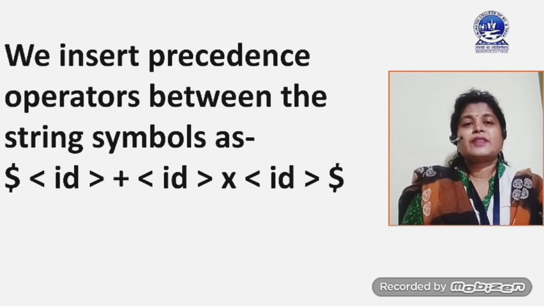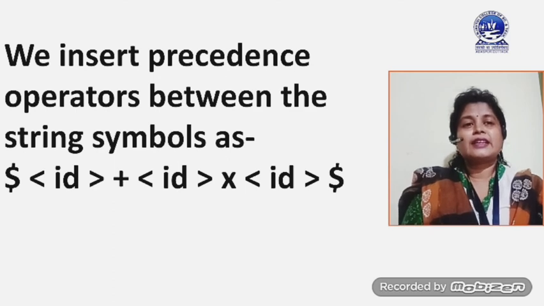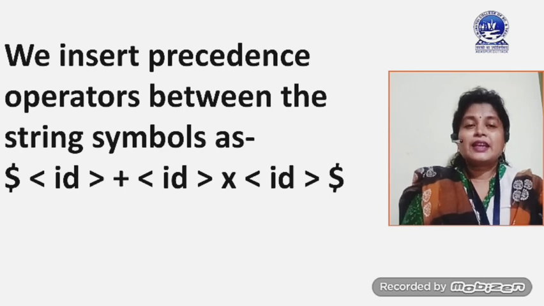So here the intermediate output is dollar less than id greater than plus, less than id greater than multiplication, less than id greater than dollar. Exactly what is the meaning of this? We know that dollar will be placed at the first and last, so it is very easy to understand. If we compare dollar and id, then dollar is less than id.